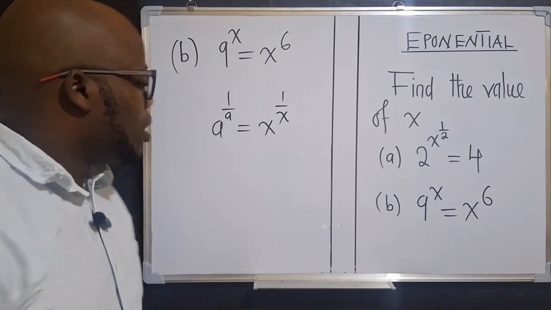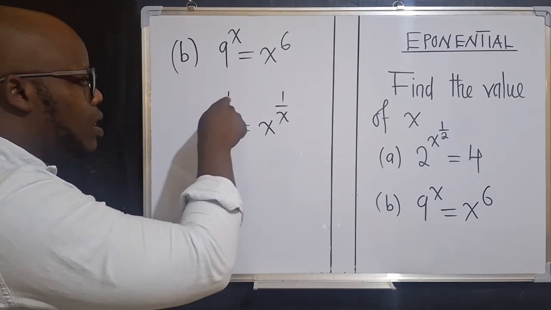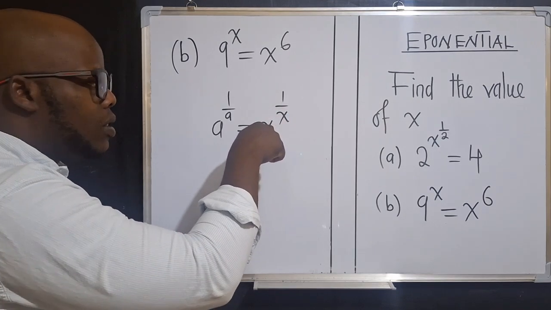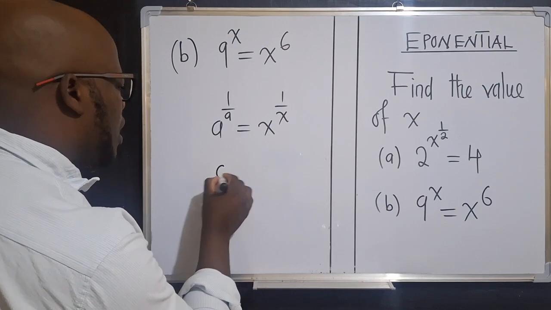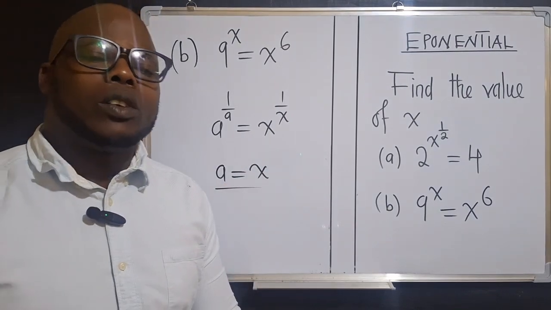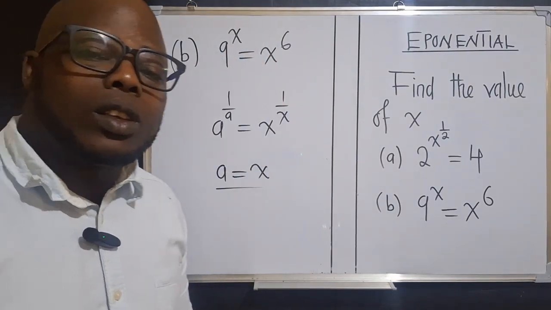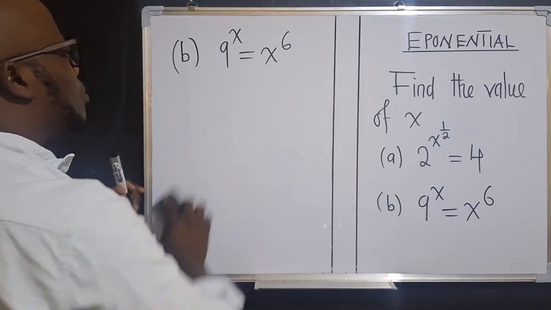You see this? The moment you see something like this, you can see this base and the power, the denominator, is equal. Even here, the denominator is equal to the base right here. You just say a is equal to x. And this is a property or the law that we need to use in order for us to solve this exponential equation.